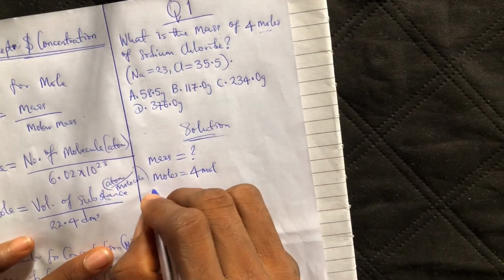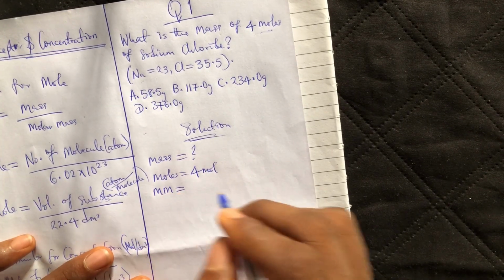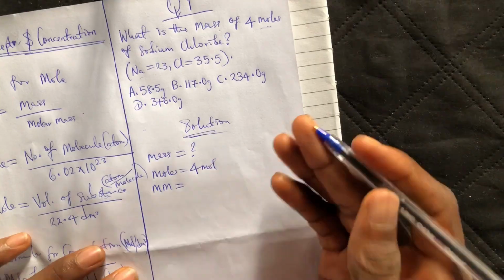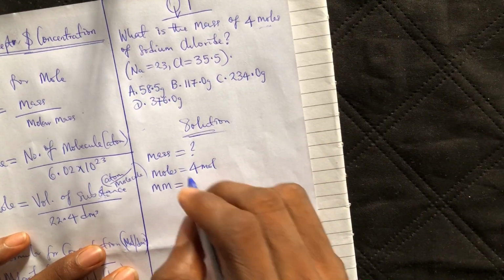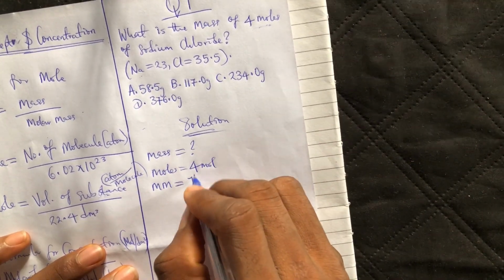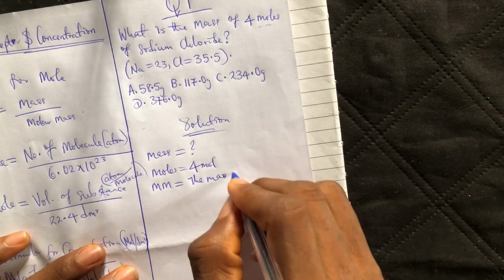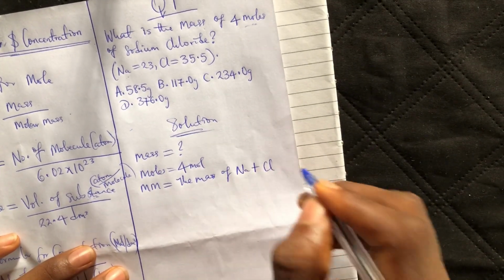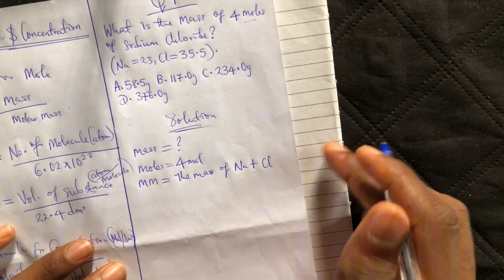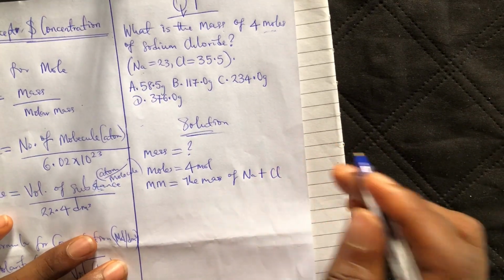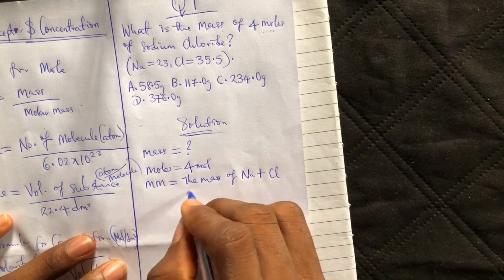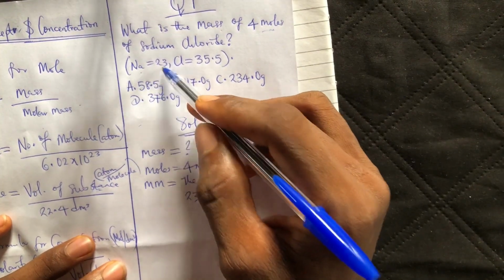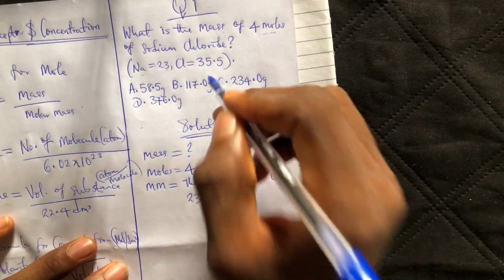So the mole is 4. Then what is our molar mass? Our molar mass is going to be the mass of sodium plus the mass of chlorine. The mass of sodium is 23, and that of chlorine is 35.5.